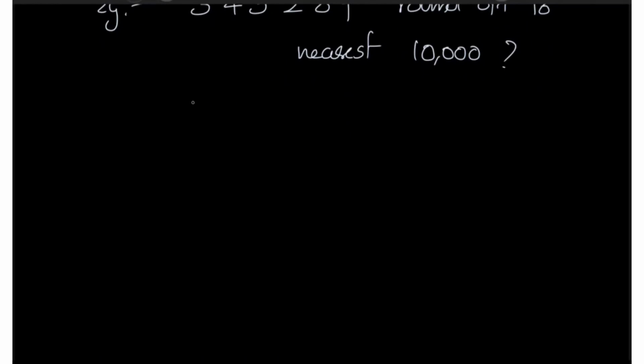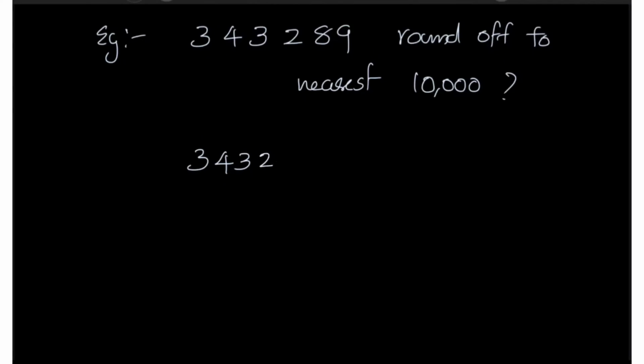Here also rewrite the number 343,289, and round off to nearest 10,000 means check the place values 1, 10, 100, 1000, and this is 10,000. This is the 10,000 place.